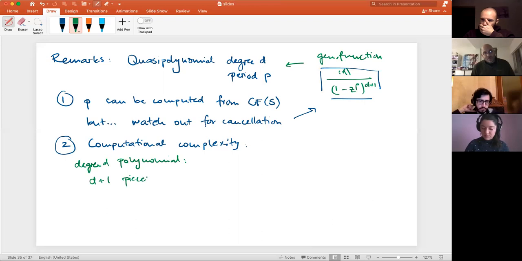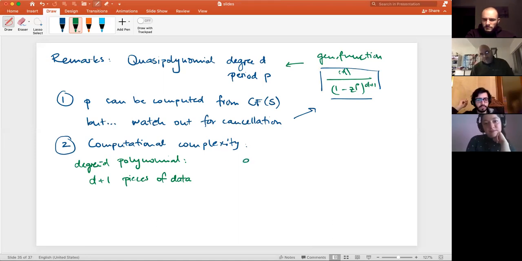For example, you need to know the coefficients, or you need to know the roots of the polynomial plus 1 coefficient. So you need d plus 1 things, and if they're not too close together, then they determine your polynomial.